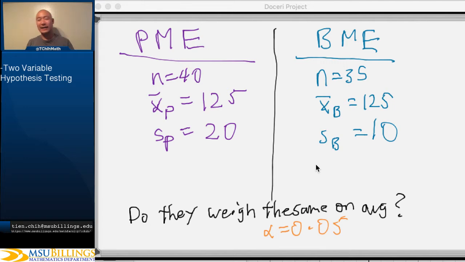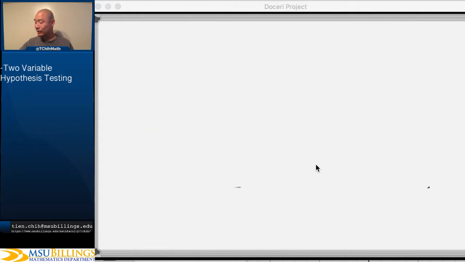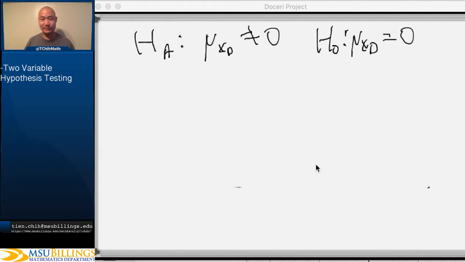And we could have defined some weird alternative hypothesis on the two different variables, but now that I've combined them into one variable, I can say, hey, I know what's going on. My alternative hypothesis is that mu xd is not 0. And what that means is that my null hypothesis is that mu xd is 0. Right? And then what's my point estimate?